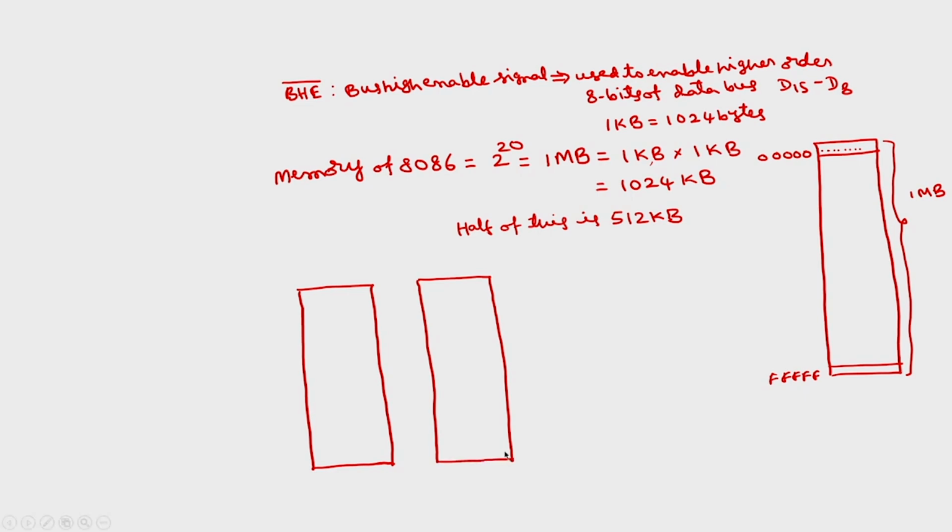It is 512 kilobytes, this is 512 kilobytes, and this is 512 kilobytes. This one is odd addressed, this is even addressed.